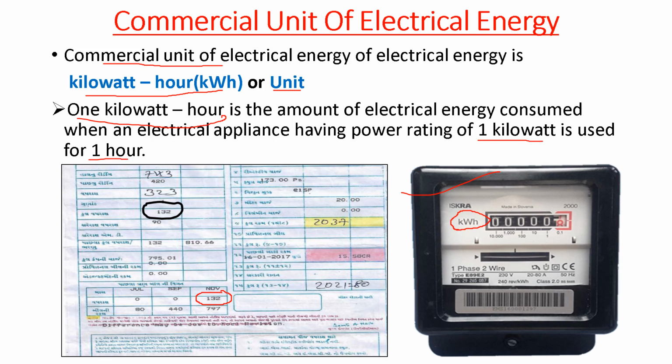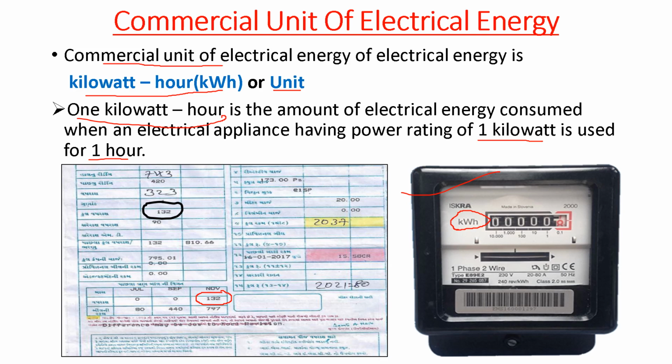Just now we saw a figure of an electric iron in which the power rating was 1 kilowatt, that is 1000 watt. If the electric iron is being used for 1 hour, then we will say that the energy consumed by the electric iron is 1 kilowatt hour, that is kWh. So that was about the commercial unit. Why is it kilowatt hour?